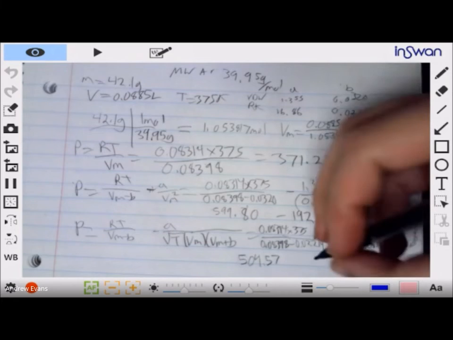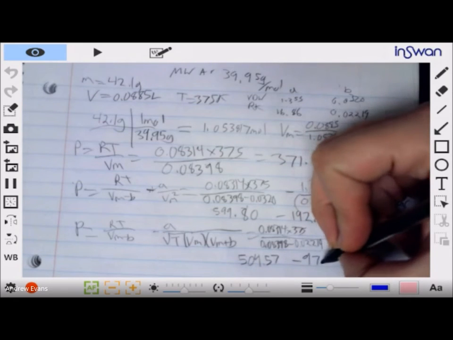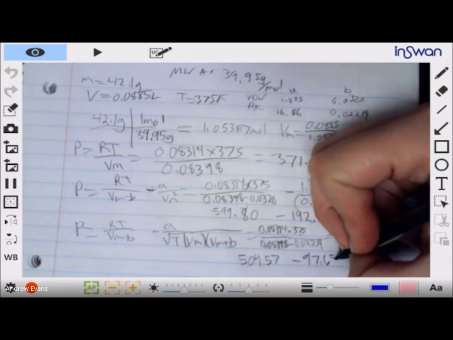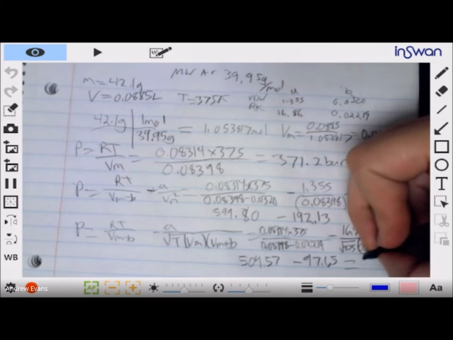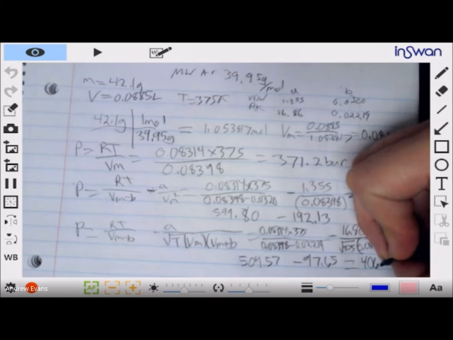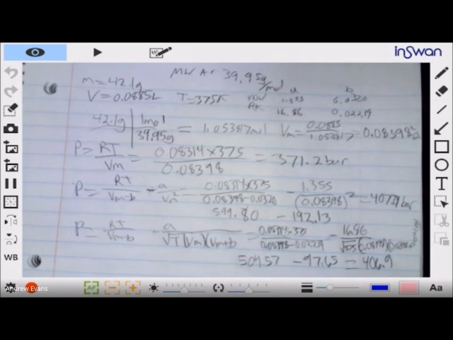So this one's minus 97.65. So 504.57 minus 97.65, the pressure is 406.9. So from ideal, we've gone from 371 to 407.7 and finally 406.9.